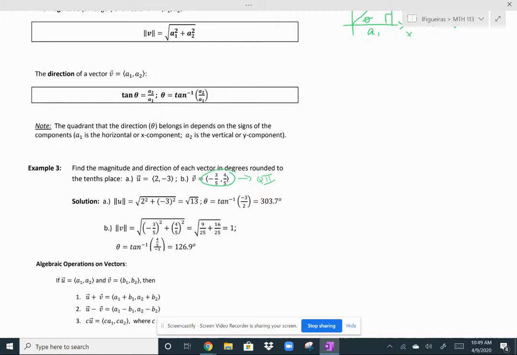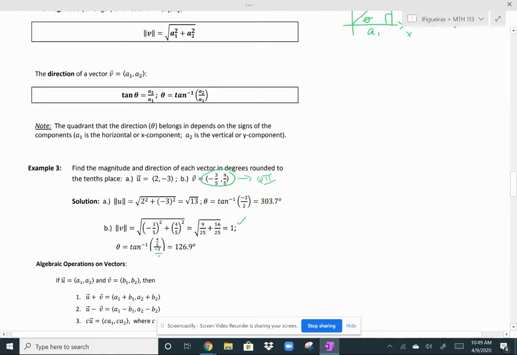All right, so magnitude first. I'm going to take the square root of -3/5 squared plus 4/5 squared. That's 9/25 plus 16/25. Well, that's just 25 over 25, which is 1. So it has a magnitude of 1 unit. Okay, so that's done. Now we have to take tan inverse of the y component over the x component.